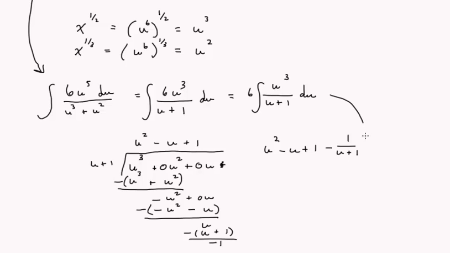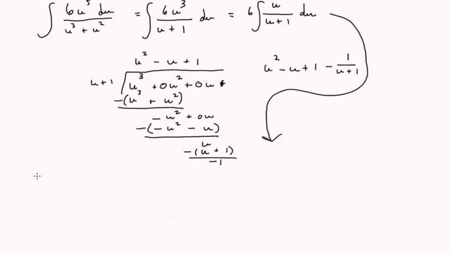Let's see if I can come down here for the integration. And we have 6 times (u squared minus u plus 1 minus 1 over u plus 1), all of that times du.